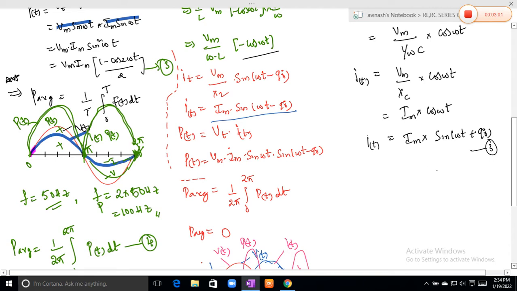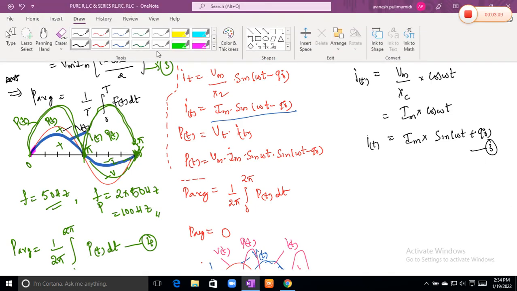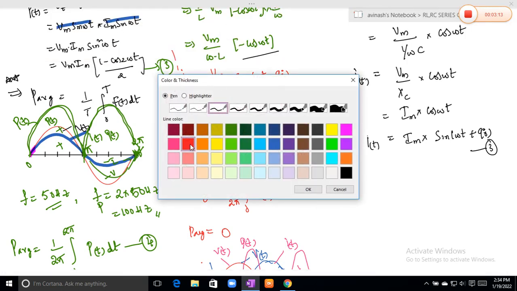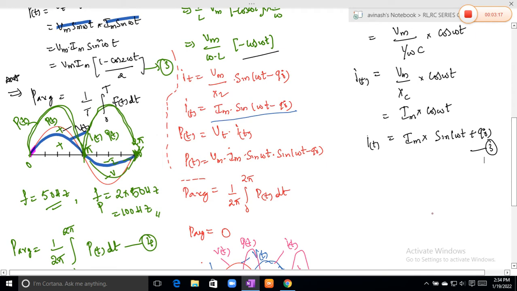Before going to the power, let me draw a phasor diagram here. If you take voltage as a reference, what is the current here? Current is starting from plus 90.